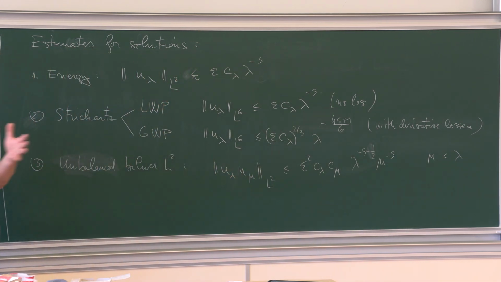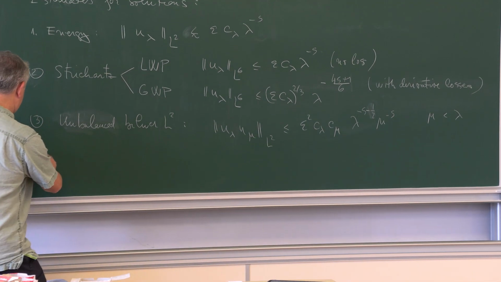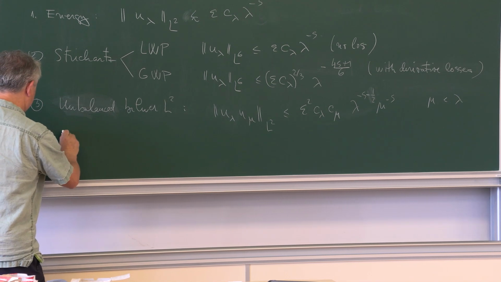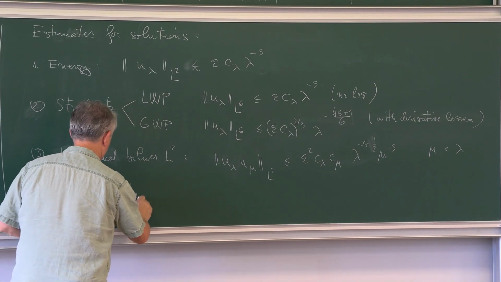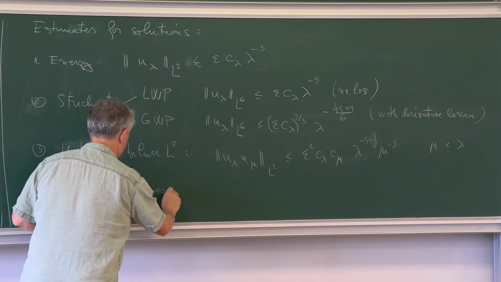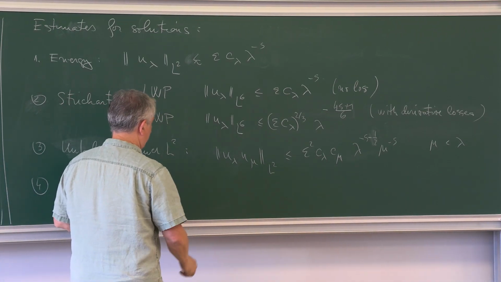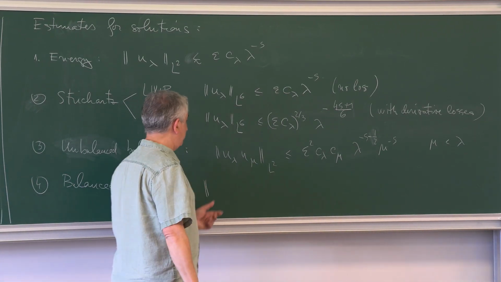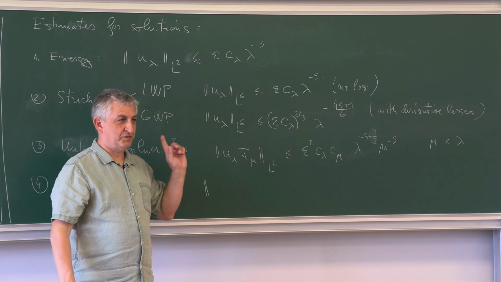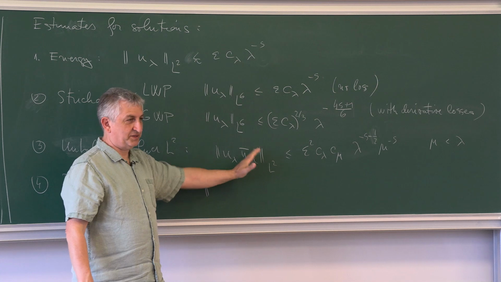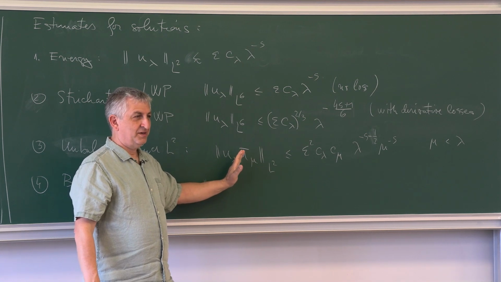But when we allow the frequency supports to come together, then we have a problem. Let me also put a bar in here just for the purpose of this particular discussion. It doesn't matter for this estimate, obviously.